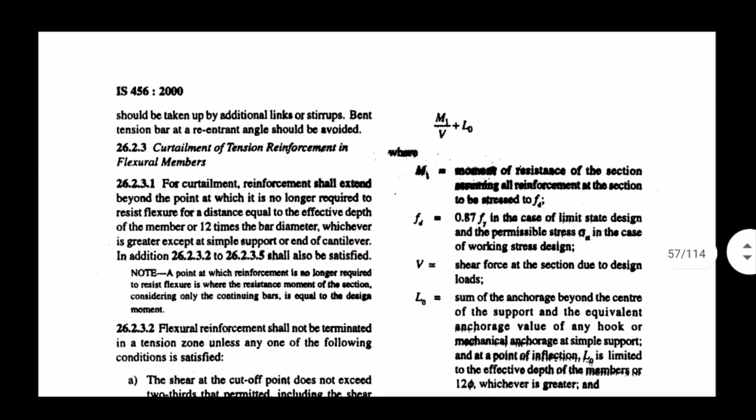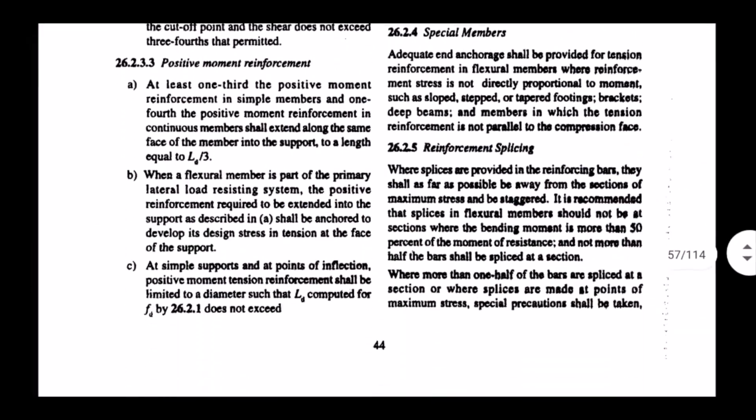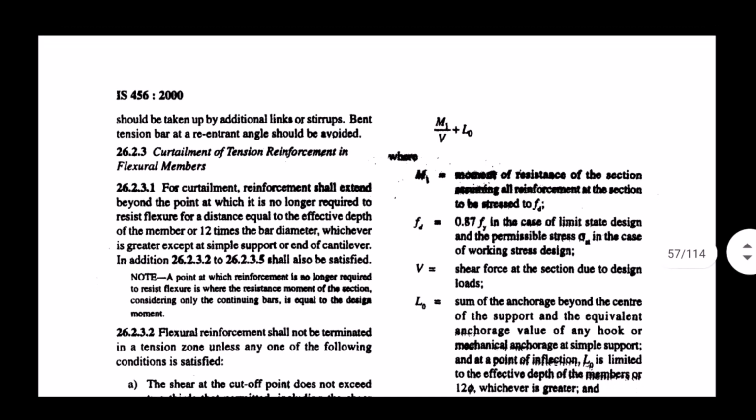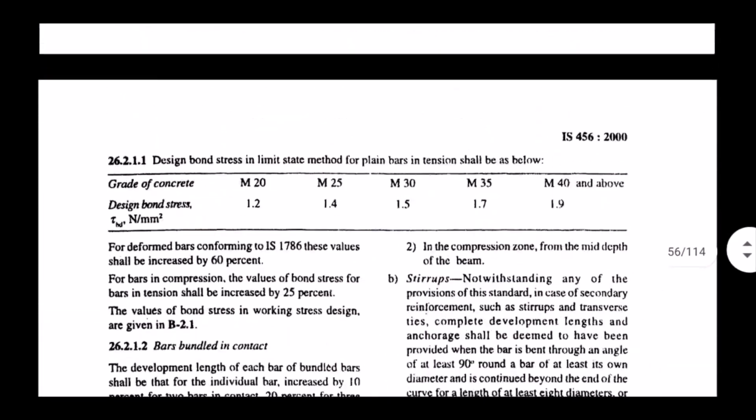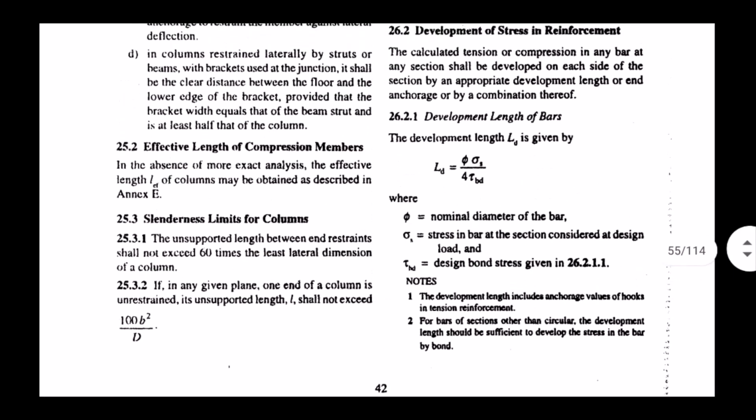So here is the formula on page 44: M1 by V plus L0 should not be less than LD. For LD, in clause number 26.2.1, here is the formula for LD.